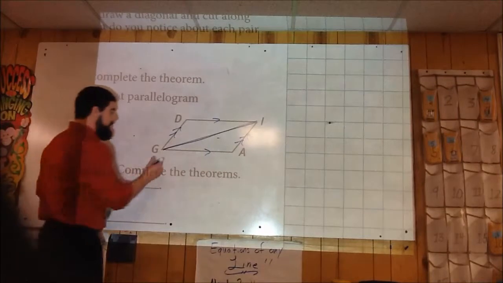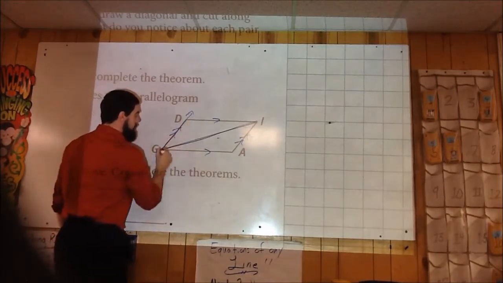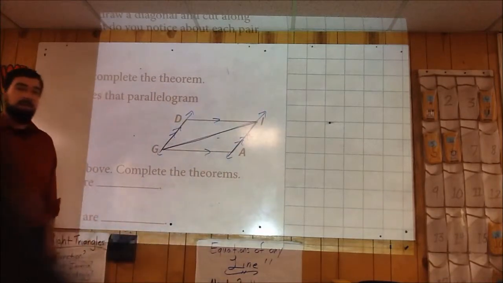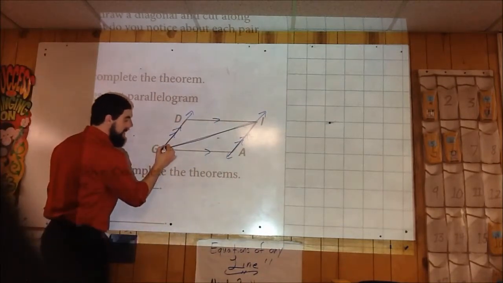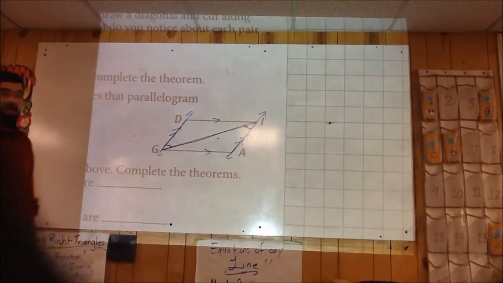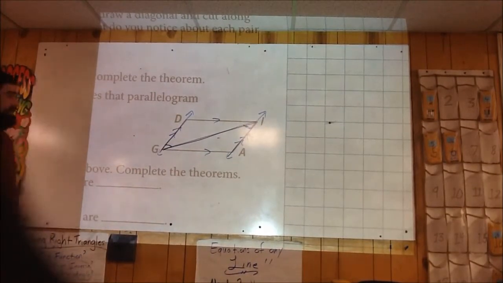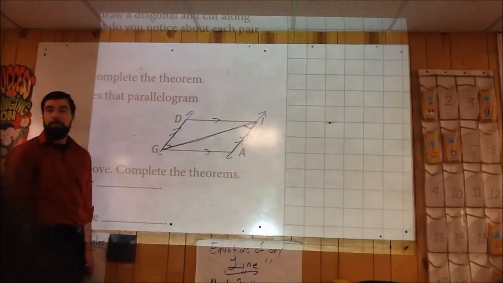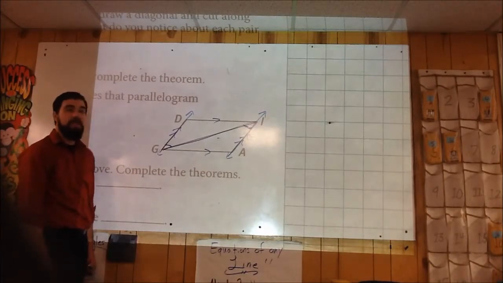And this is what? If I consider this set of opposite and parallel sides, then the angles, the alternate interior angles created by those 3 lines, the 2 that are parallel and the 1 transversal, I know that these 2 angles are congruent because what? When lines are parallel, alternate interior angles are congruent.